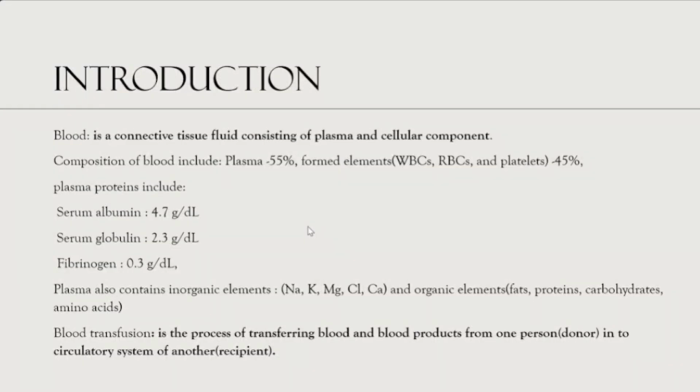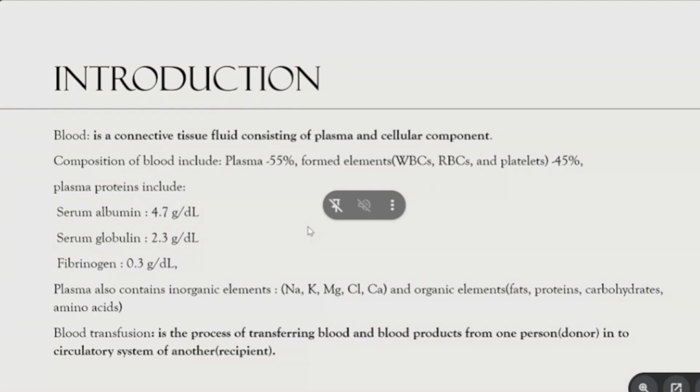Blood is a connective tissue fluid consisting of plasma and cellular components. The plasma constitutes 55%, and we also have the formed elements, the white blood cells, the red blood cells, and the platelets, which constitute 45%.